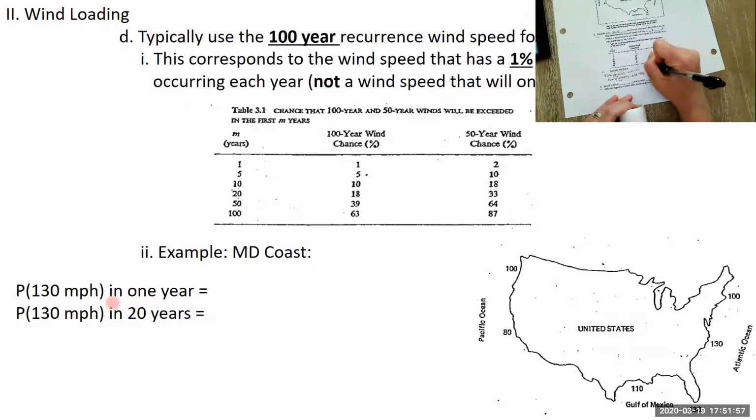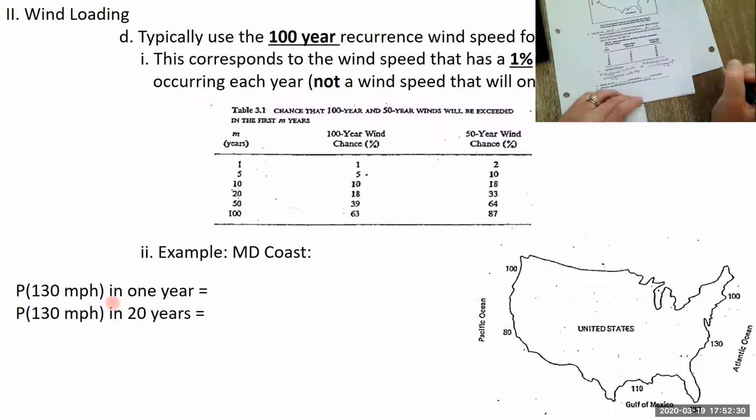So if I want to know the probability that I have a 130 mile per hour wind in 20 years, this is going to equal 100% minus the probability that I have a less than 130 mile per hour wind speed all year to the 20th power.